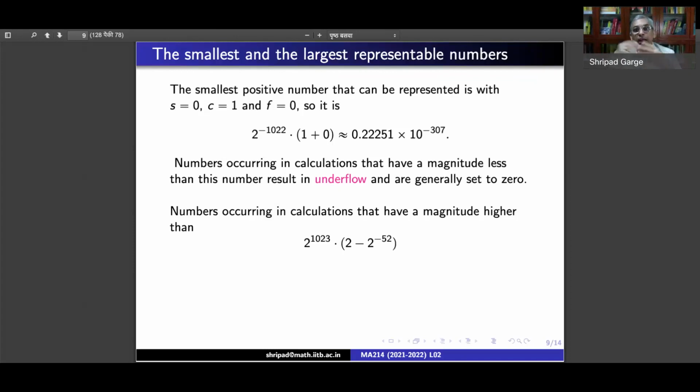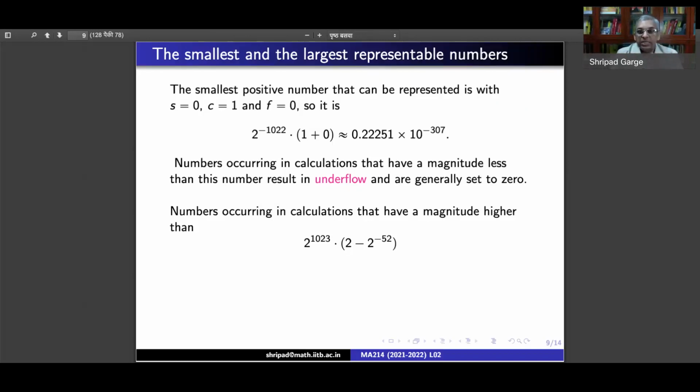And then the f also has ones everywhere, and so that is the number which is 1 plus a very small fraction, using 1 by 2 plus 1 by 4 plus 1 by 8 plus 1 by 16, all of those, and that number is 1 minus 2 power minus 52. So if you add 1 upon 2 power 52 to that particular expansion, you are going to get 2.